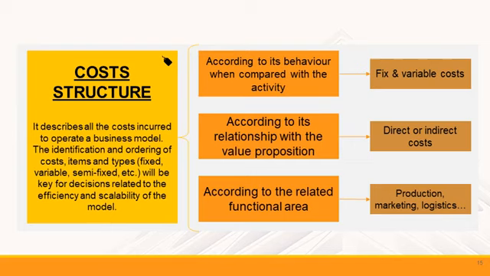Or maybe if I have a constant production, the cost that I pay for the energy that I need in the production plant is going to be a fixed cost. And then we have another, variable costs. For example, if I buy different resources each month, if I buy different fabrics, maybe this cost is going to vary month by month.